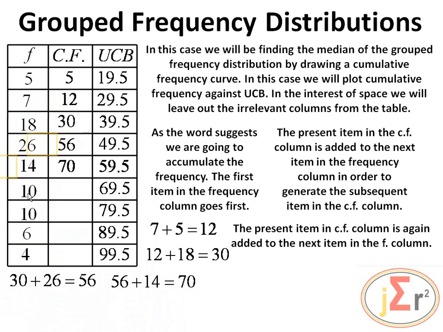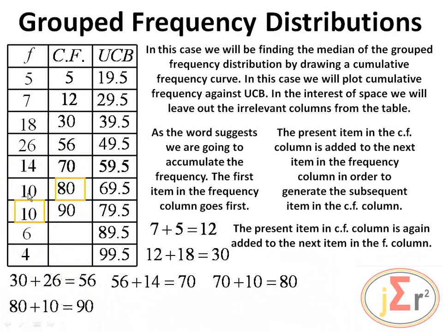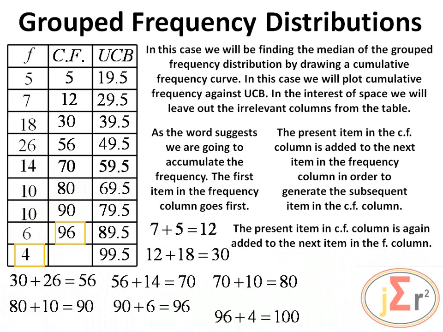Then we go to 10 and we add that result to 70. And we do that until we have completed our table. Finally, we add 4 to 96 and we get 100, and it goes right there.